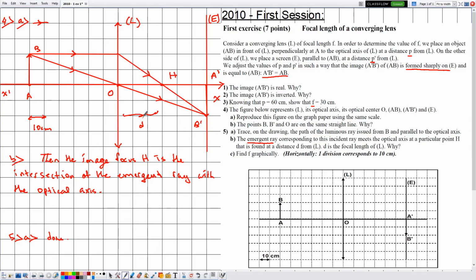Because of this, now the distance d, which is the distance between the lens and the image focus, which is the same distance from the optical center to the image focus, represents the focal length. Then the distance d represents the focal length.